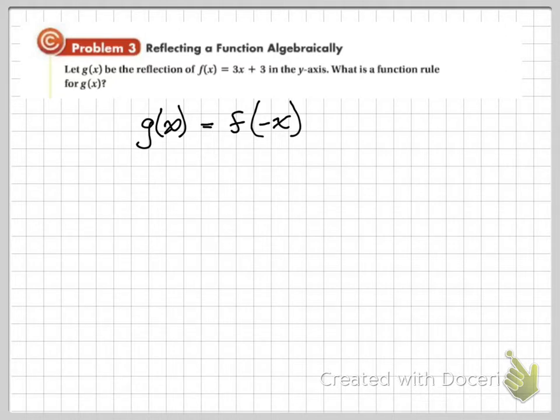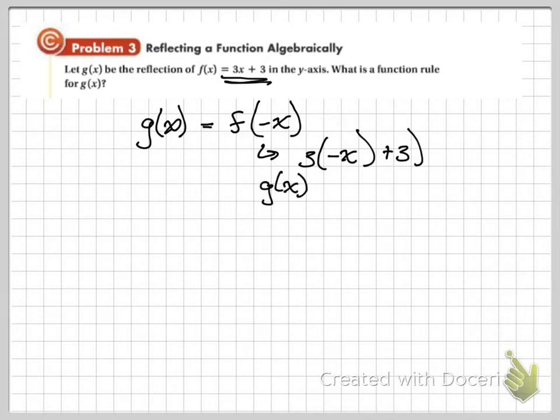Well, I'm going to take negative x and plug it into the regular thing here. So instead of x there, f of negative x is going to equal 3 times negative x plus 3. So g of x is going to equal negative 3x plus 3.